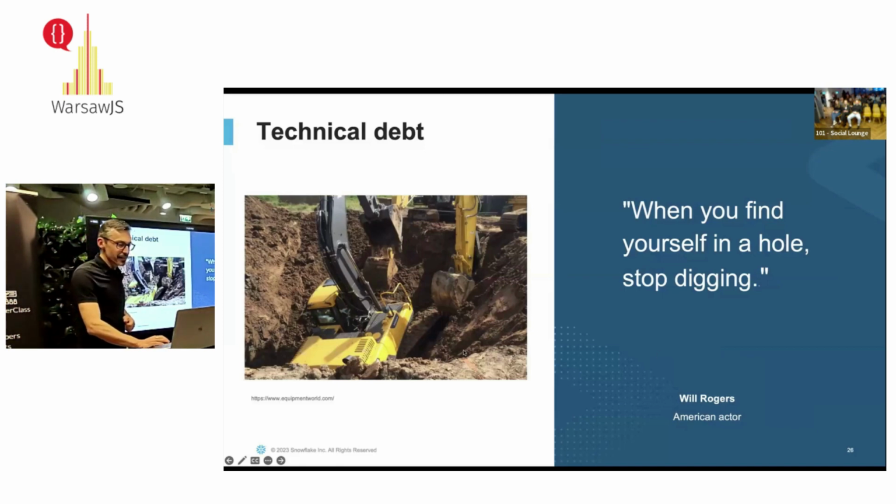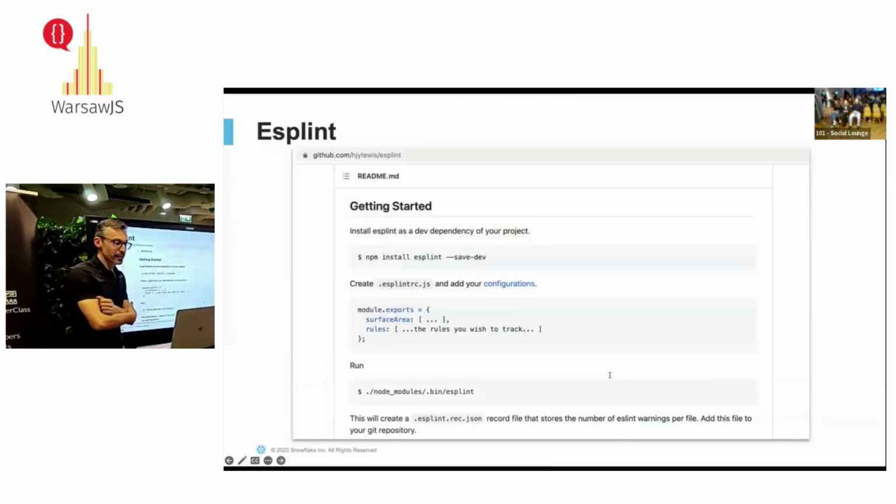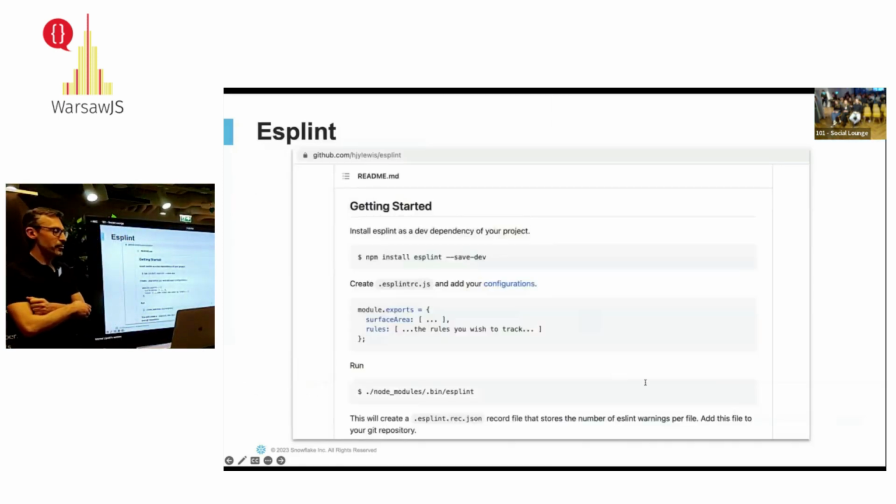So finally, the third way to do this: we found another way to introduce new rules into existing projects step by step without major breaking changes. And for this, we use a tool called ESLint Bulk.